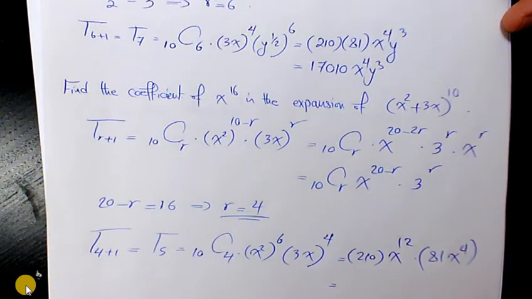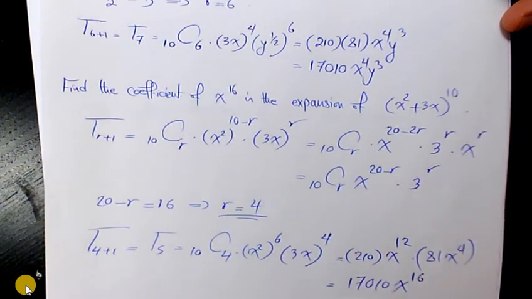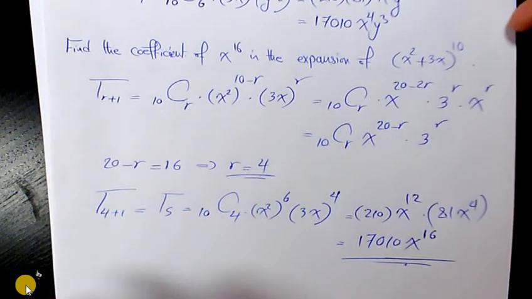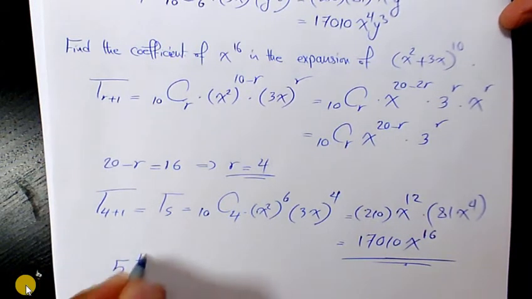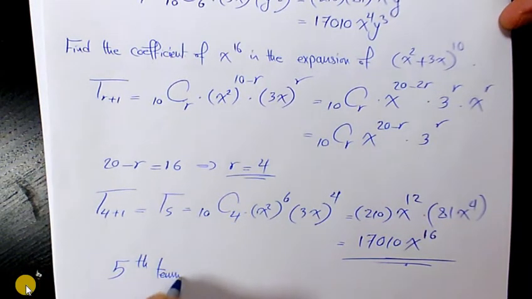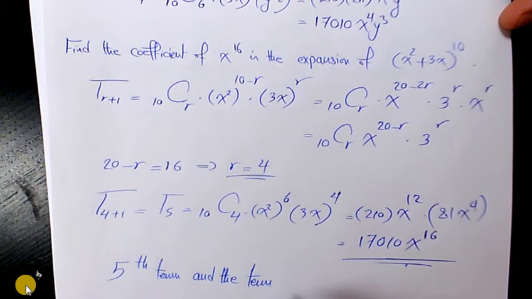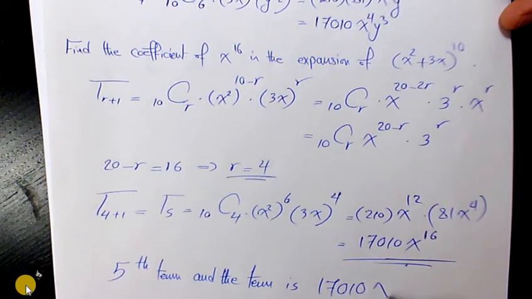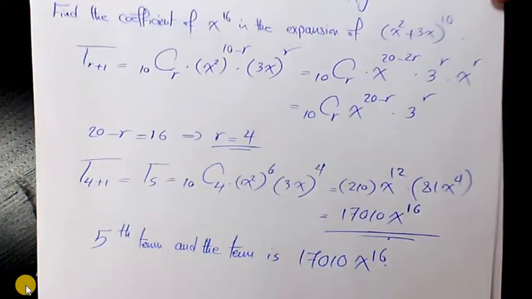So 210 times 81 is going to be 17010 x to the power of 16. So it's going to be the fifth term, and the term is 17010 x to the power of 16. That's going to be the answer.